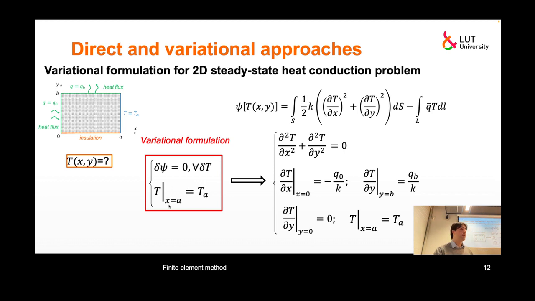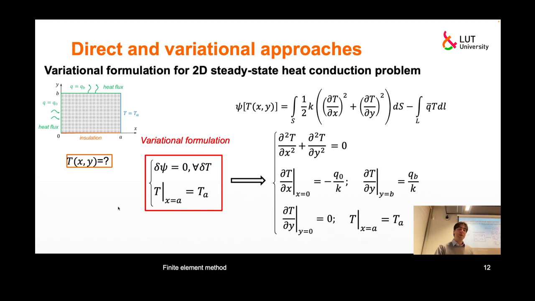And it can be proven. Again, you can find that proof in Bathe, for instance, for a similar problem. It's not exactly for this type of boundary condition, but in general for this type of problem. That if you find a function, a field T, that satisfies this statement in the box, this very field T will also satisfy this set of equations. So there is a mathematical yield.